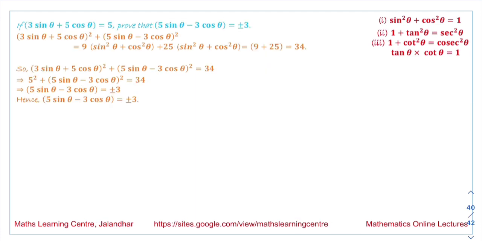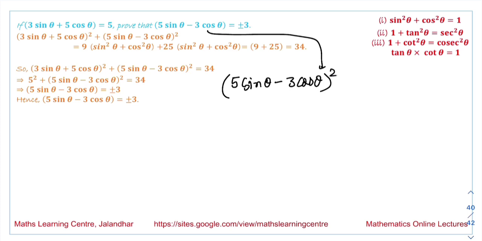Next, if 3 sin theta plus 5 cos theta is equal to 5, we have to prove that 5 sin theta minus 3 cos theta is equal to plus minus 3. So again we are talking about this term, 5 sin theta minus 3 cos theta.